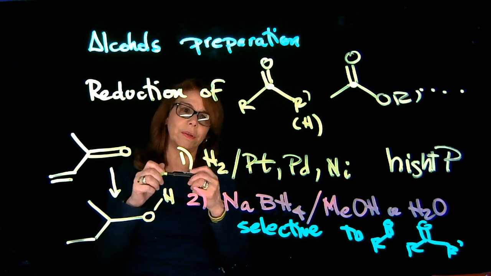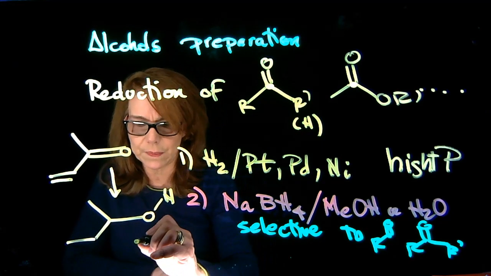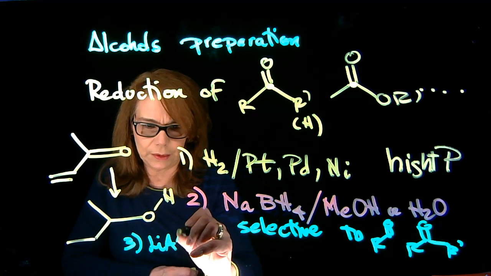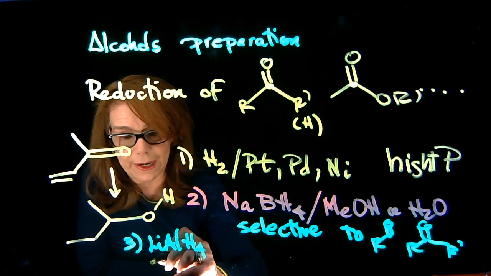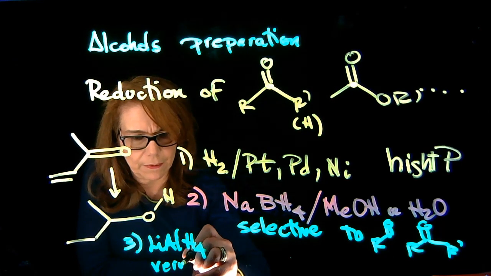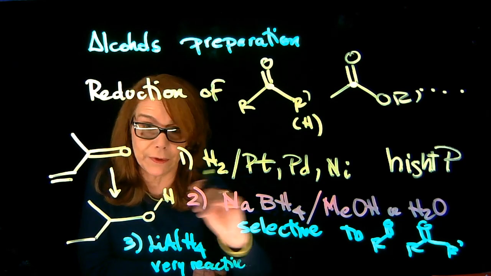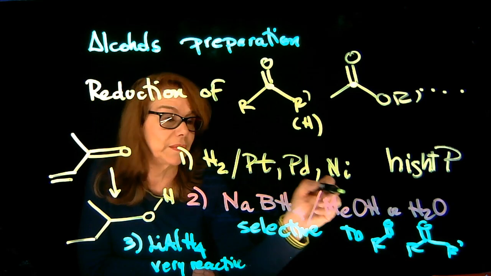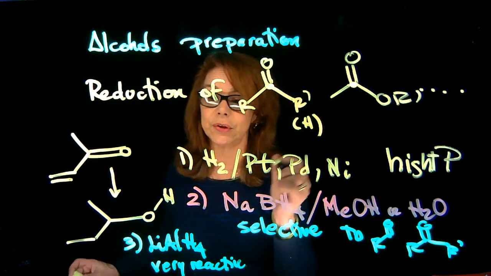The third reagent that we're going to consider here is much stronger and is lithium aluminum hydride. That is very reactive. And because it's so reactive, it will react very fast with protic solvents. So we cannot use it in the presence of any of that. It needs to be used under anhydrous conditions.